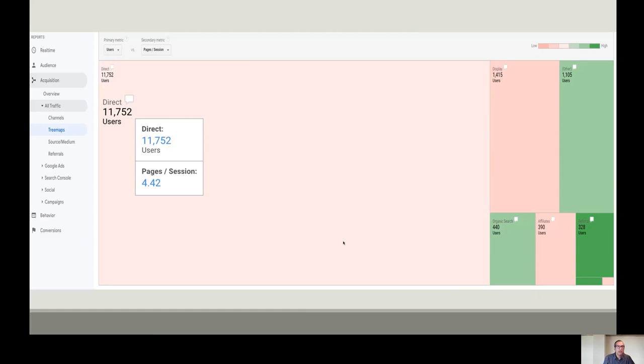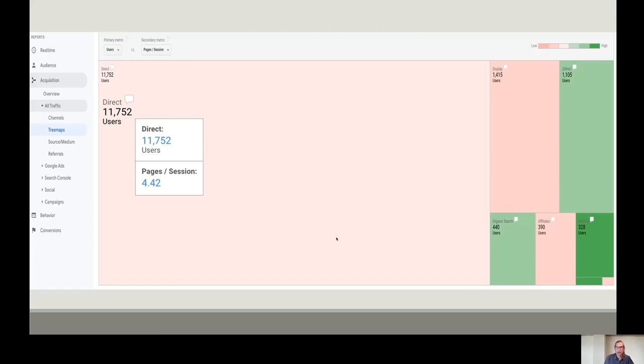The secondary metric out here is not the number of users, that's the primary metric. The secondary metric is pages per session. So if you hover your mouse over where it says 11,752 users in direct, it shows you on the mouse hover another piece of information, which is pages per session. And this shows up as 4.42 pages per session.